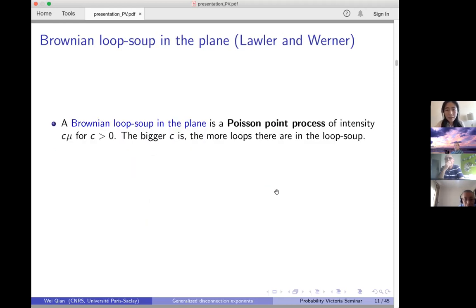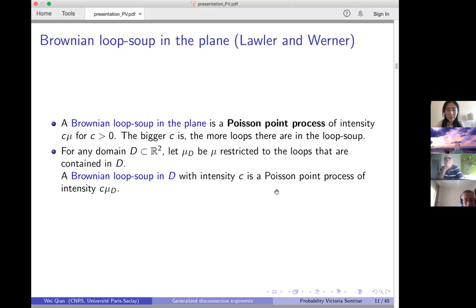Okay, and then from this measure mu, you can construct a Brownian loop soup in the plane as a Poisson point process of intensity c times mu, where c is a positive real number, which is called the intensity of the loop soup. So the bigger c is, the more loops there are in the loop soup.